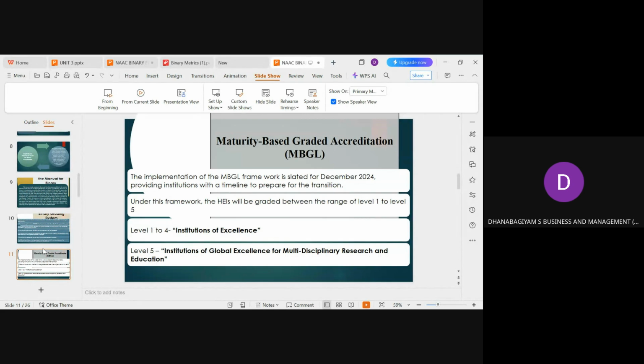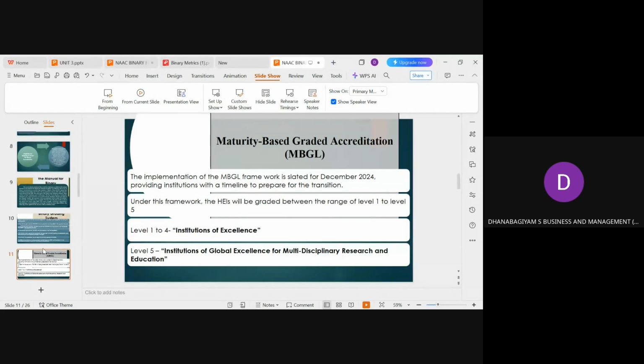Under this framework, higher education institutions will be graded on a range of levels from 1 to 5. Levels 1 to 4 will be considered institutions of excellence, and level 5 will be considered an institution of global excellence for multidisciplinary research and education.